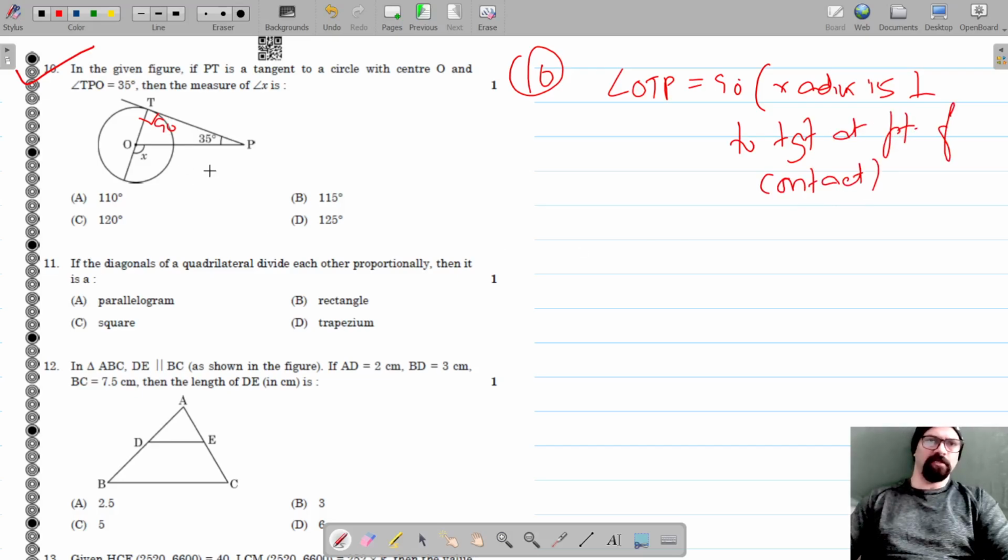Now this is 90 degrees, and angle X is an exterior angle.